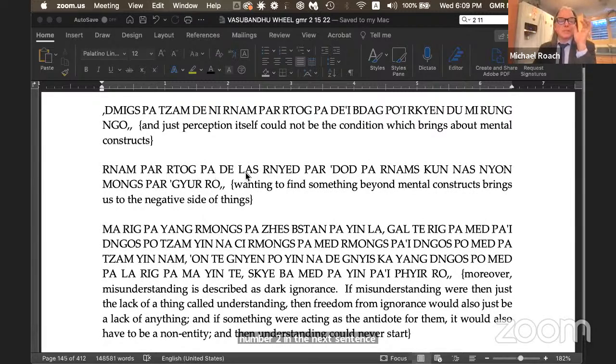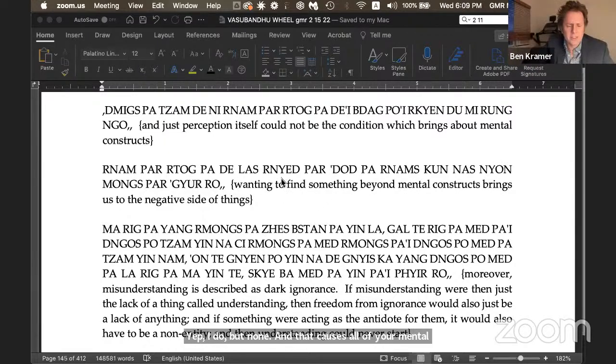Number topa means concepts, right? Concepts lead to wanting to get something, nyepa dopa nam, and that causes all of your mental afflictions. That sounds okay.